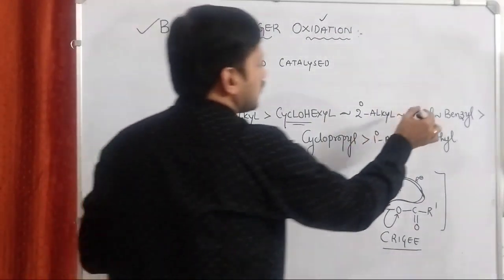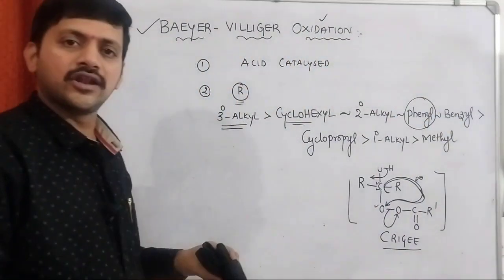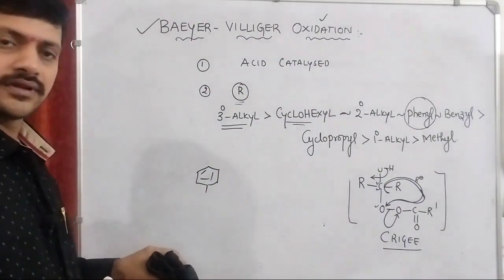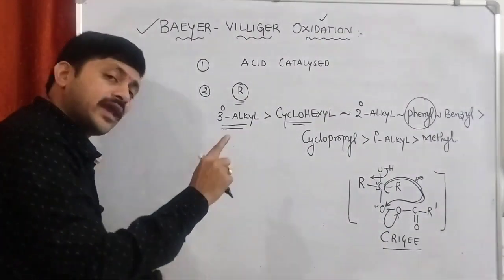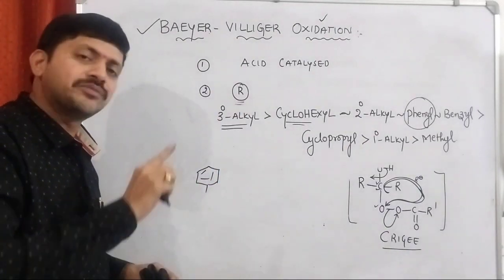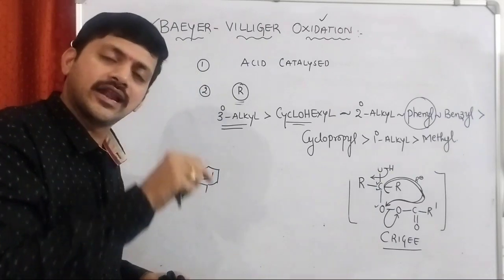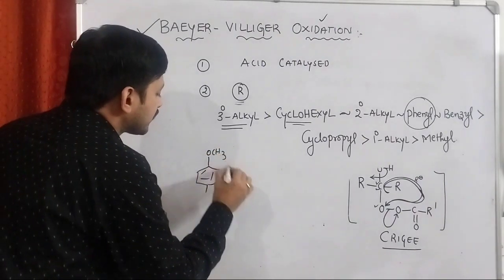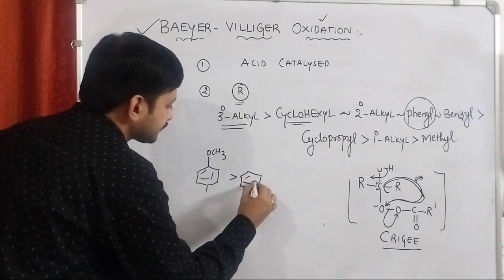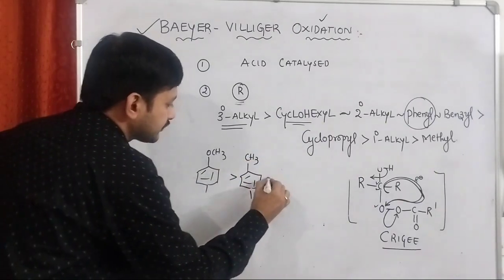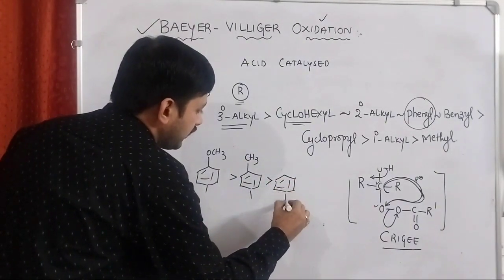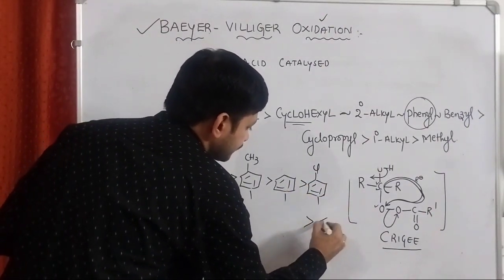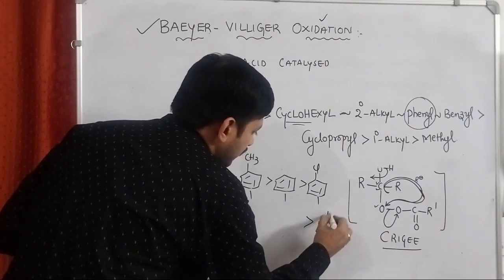Suppose the R group is a phenyl group. This phenyl group may have a substitution. It may be an electron releasing group or an electron withdrawing group. If you see the migratory aptitude, that will be like this: methoxy, CH3, phenyl, chloro and nitro.